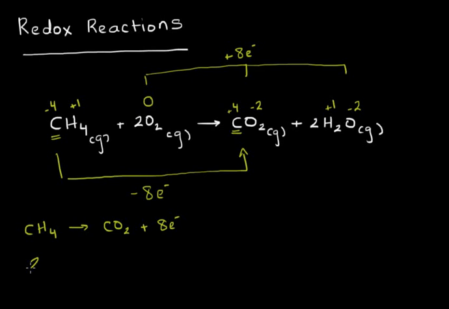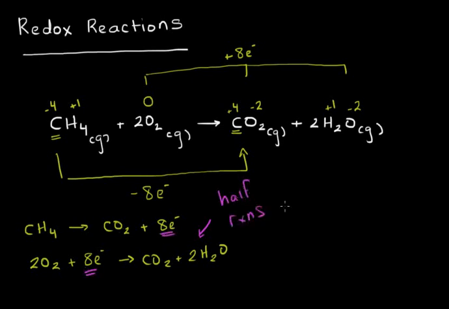Similarly, oxygen picks up those 8 electrons, it gains 8 electrons, in its journey from elemental oxygen gas to carbon dioxide and water vapor. And again, these little reactions don't have to be balanced, they just explicitly state where the electrons go, and are known as half reactions.